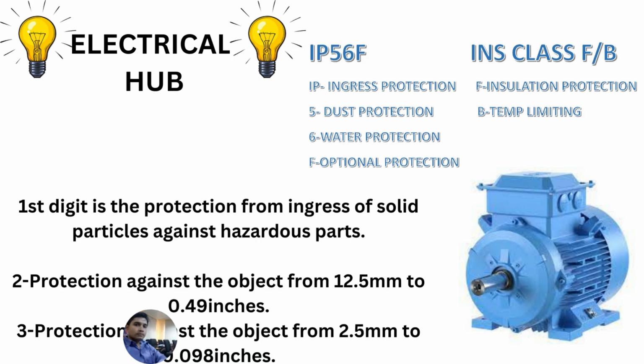Similarly, for the number 3, it can protect only from 2.5 mm to 0.098 inches. Smaller than that, it cannot protect. And for 2, it is protection against objects from 12.5 mm to 0.49 inches.